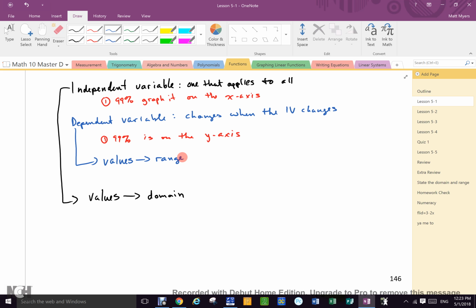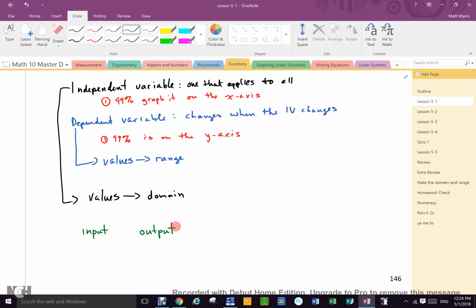Okay. We threw out some other words yesterday. We talked about input versus output. Input is what you start with. Output is what you get. Right?